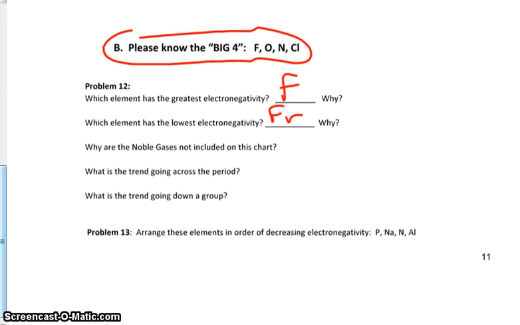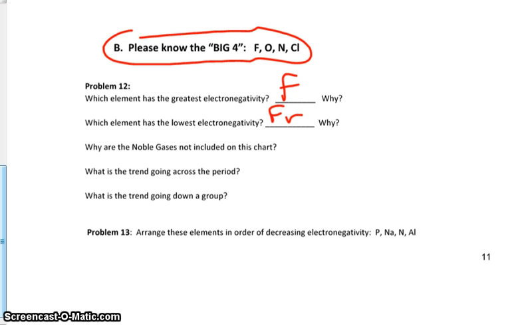It has the fewest protons in its nucleus compared to the other members of its shell, and it has its electrons by far the furthest away. It is 7 shells away from the nucleus. So the proximity and the fewest amount of protons for that shell makes it why it has the lowest attraction for that. Now you can also look, fluorine is a nonmetal, francium is a metal. All those reasons play into that.